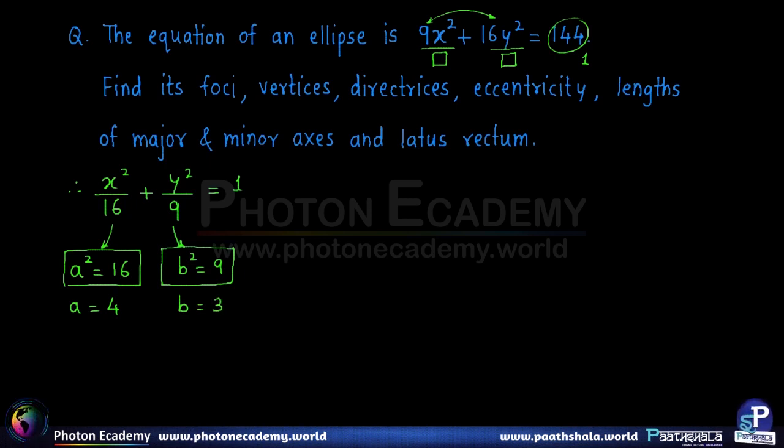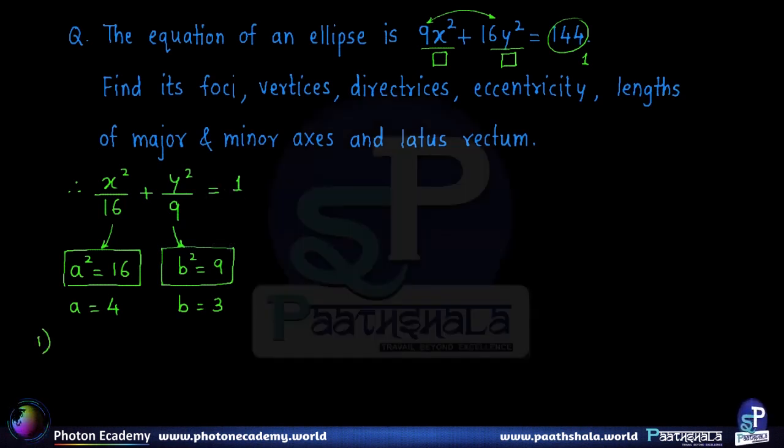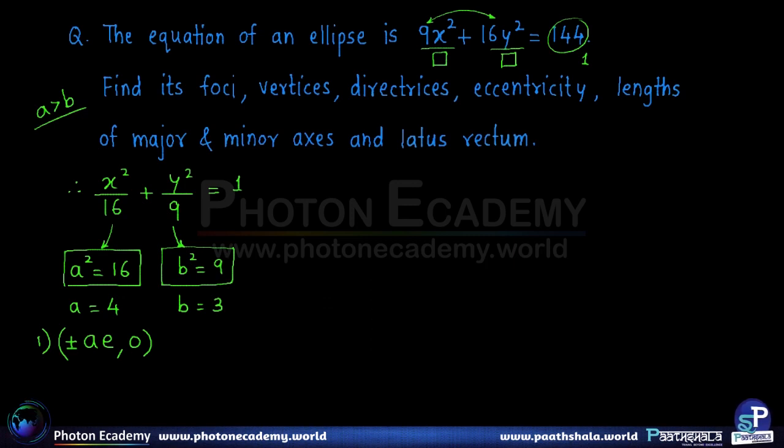Now, when we are trying to find out foci, the foci of this ellipse are given as plus or minus ae comma 0, because if you observe, a is greater than b in our case, since a is 4 and b is 3. So we have to find out the value of e, or we can find out the value of ae itself directly.